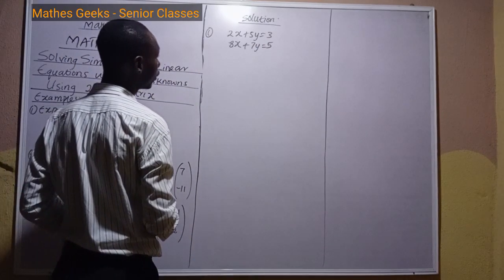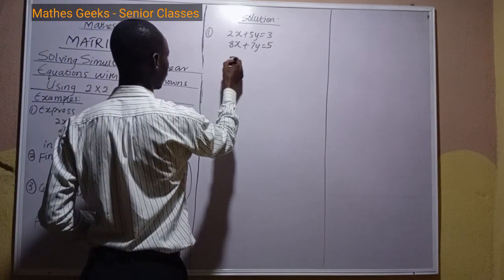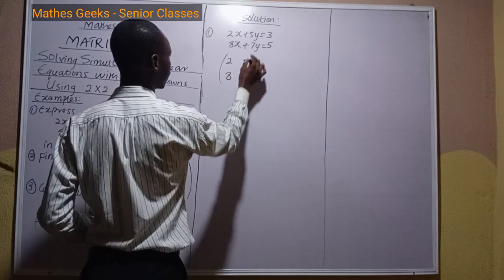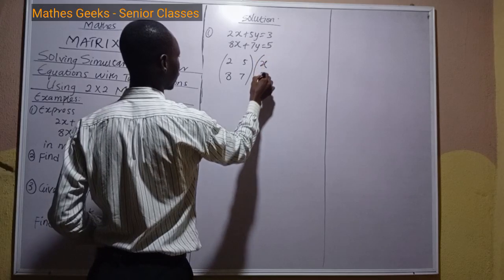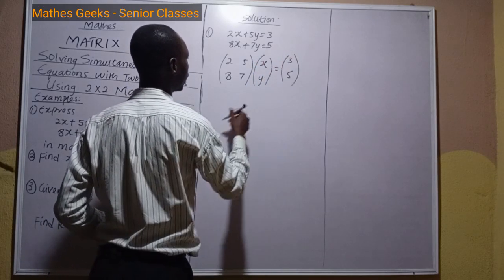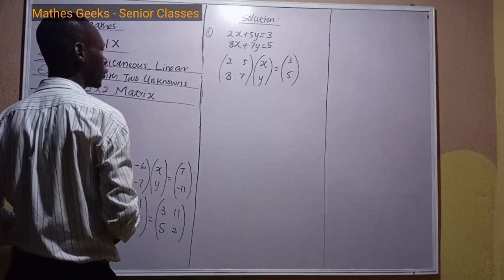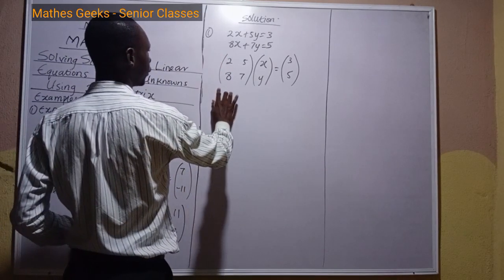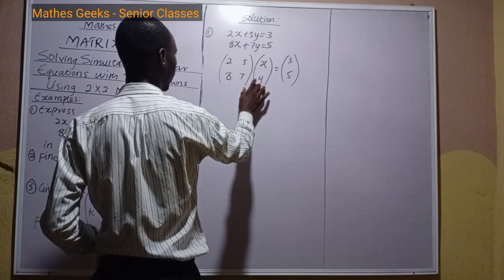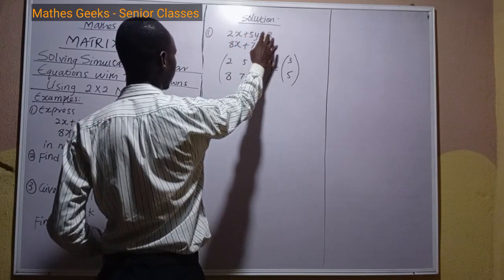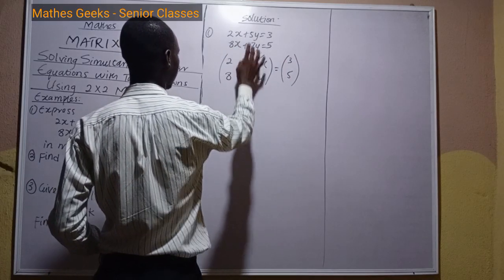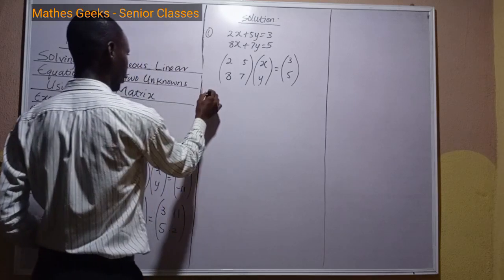If we take the coefficients, we have 2, 5, 8, 7, multiplied by x, y, equals 3, 5. This is stated in matrix form, so this is the answer to question 1. If we multiply, 2 times x gives 2x, and 5 times y gives plus 5y, which gives 3. Then 8 times x is 8x plus 7 times y is 7y, which gives 5. That's it in matrix form.